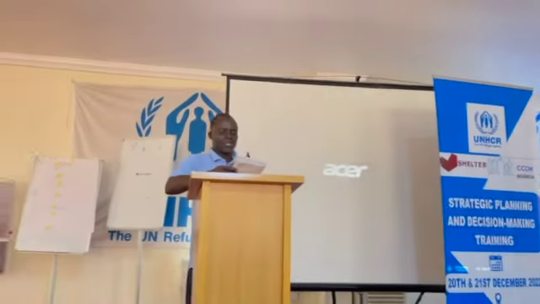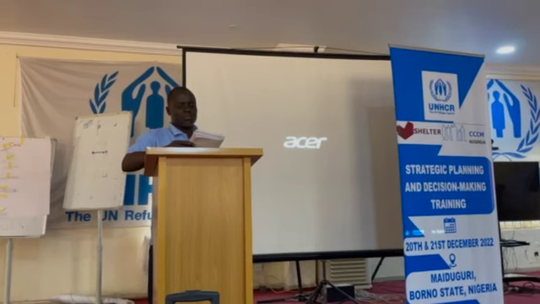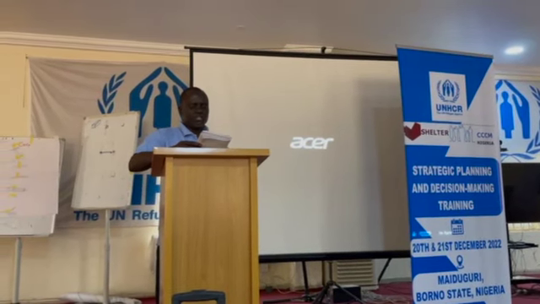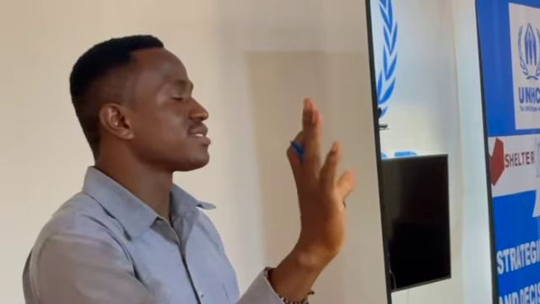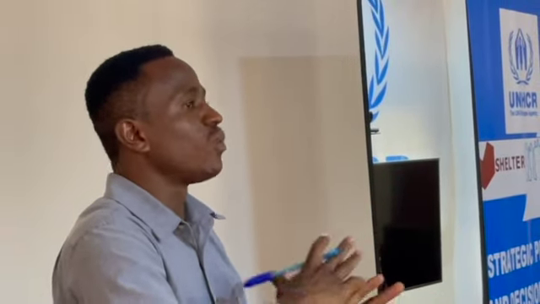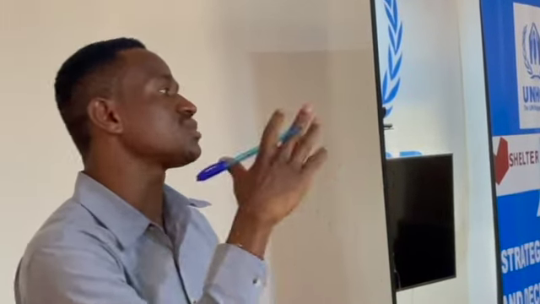Our beneficiaries, clients, and what they need, to know exactly what they need, and determine the most effective and efficient way. Strategic planning revolves around everything in life. Aside from work, even in your personal life, your day-to-day affairs, you need strategic planning.